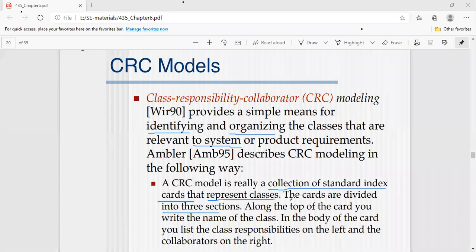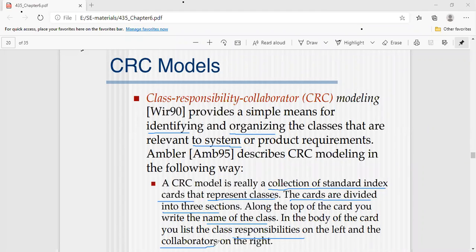Each and every card should be divided into three sections. The first section represents the name of the class. The second section is responsibilities. The third one is the collaborators.